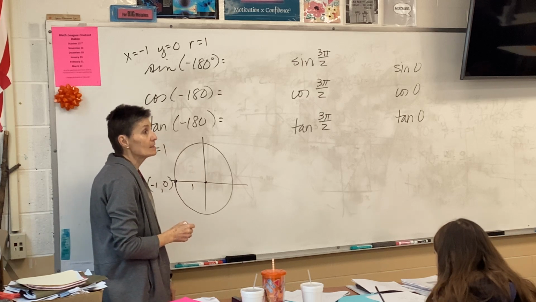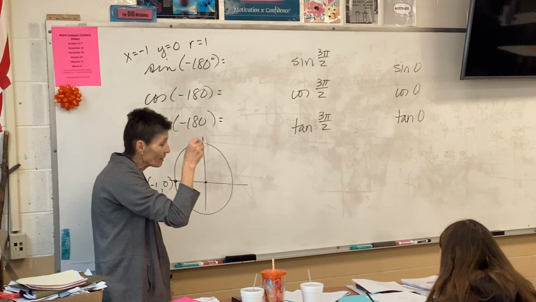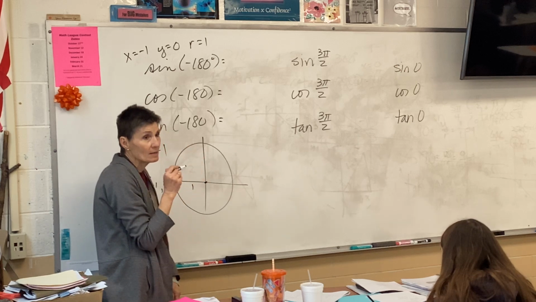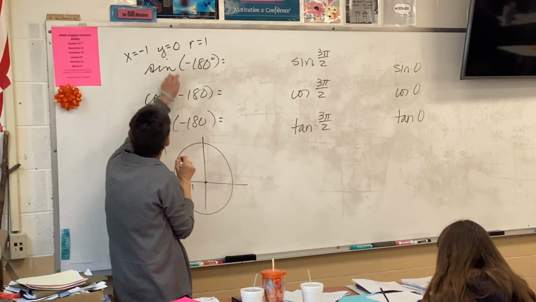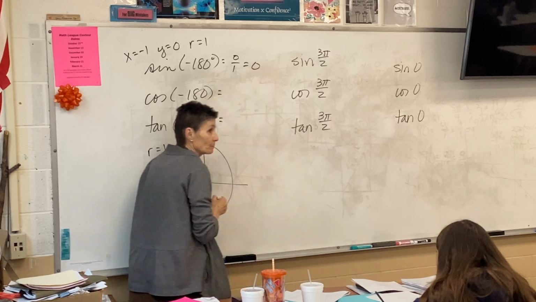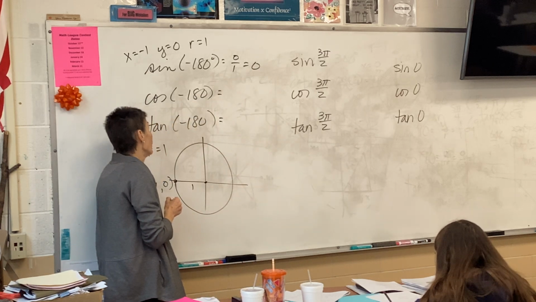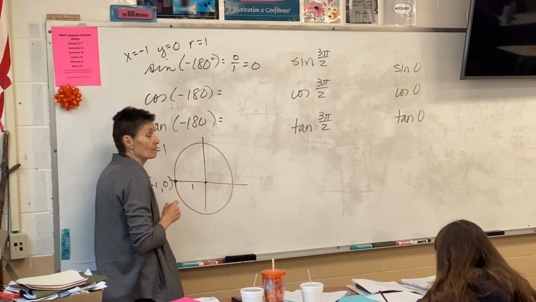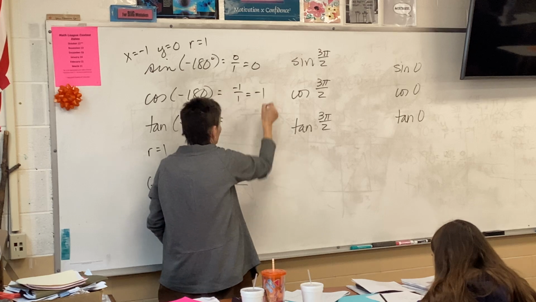What is sine? Well, what else? I don't have a triangle, so I can't really do that. Y over r. So y over r will be 0. What's cosine? X over r, negative 1.